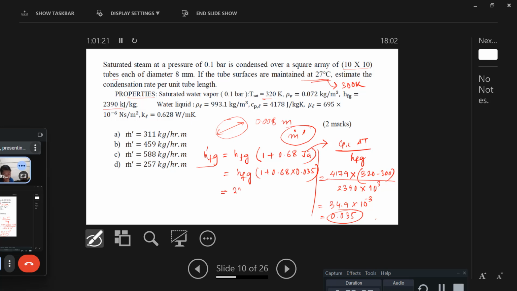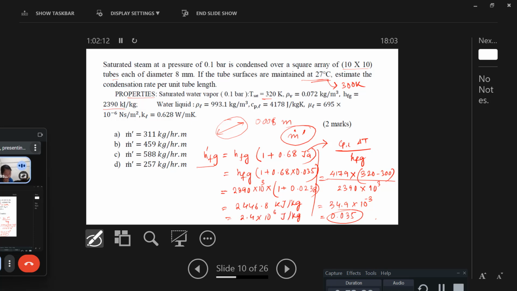HFG is again 2390, 1 plus... 2446.8 kilojoule per kg, or you can write 2.4 into 10 to the power 6.